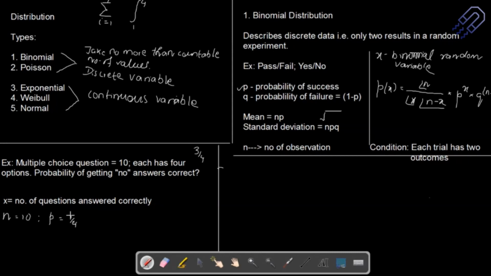You have 40 options, out of which only 10 options are correct. So you can simply write it as 1 by 4. That's the probability of success, 0.25. And the probability of failure will be nothing but 1 minus 0.25, and that would be 0.75.